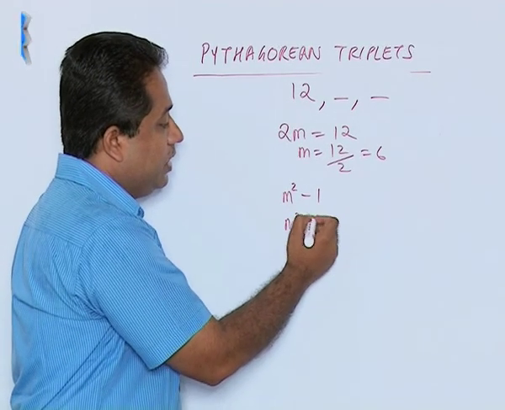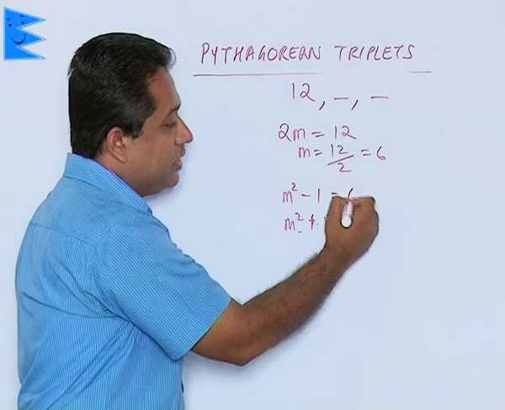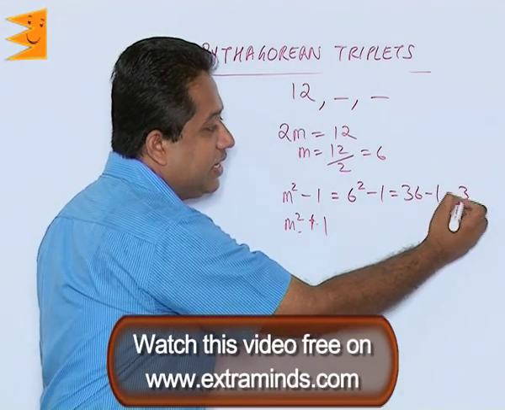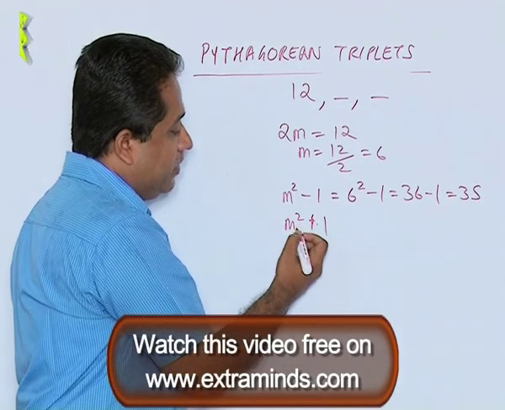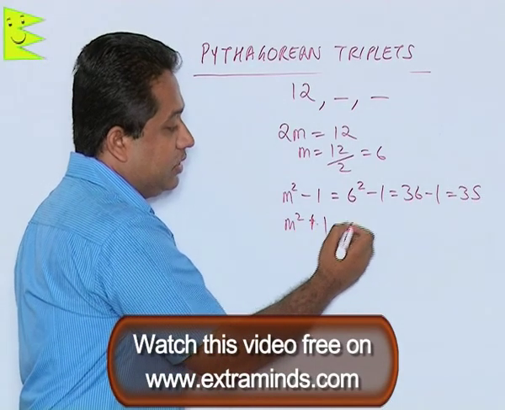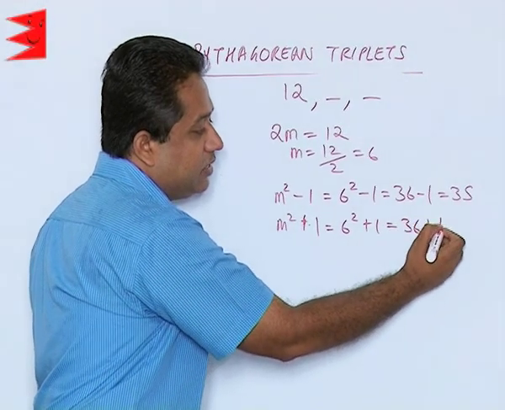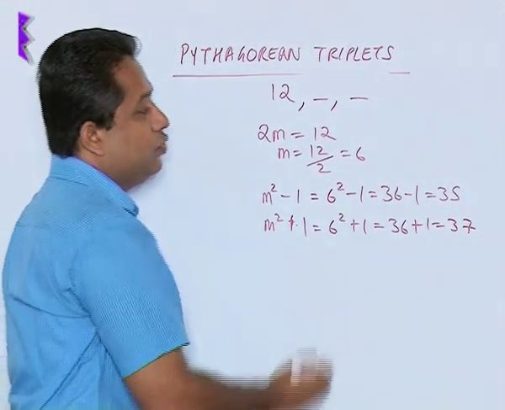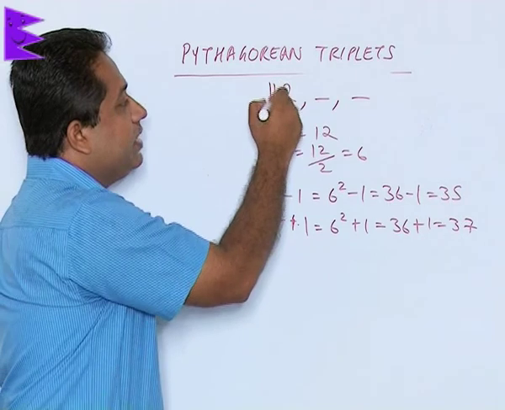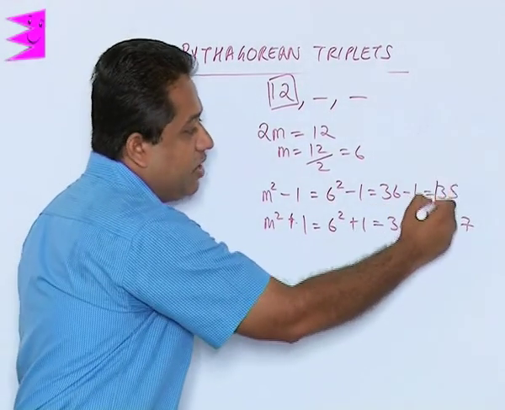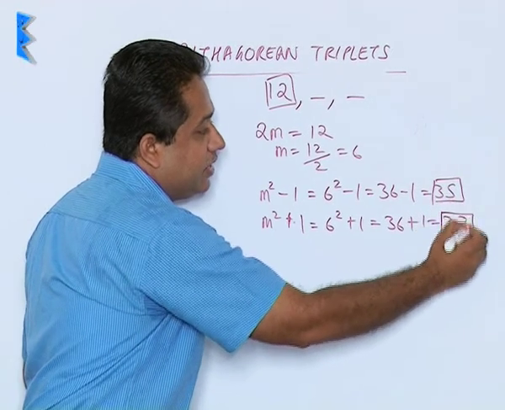So, m square minus 1, that is 6 square minus 1, 36 minus 1, that is 35, and m square plus 1, that is 6 square plus 1, this is 36 plus 1, we get 37. So, we have the Pythagorean triplet as 12, which was given to us in the question, and now we have found out two more, 35 and 37.